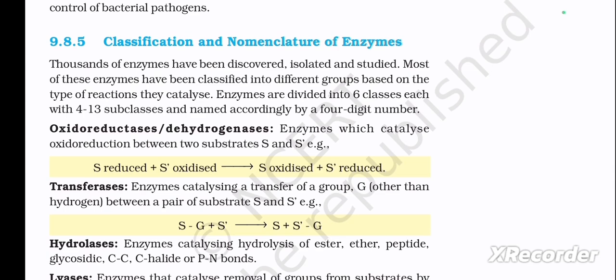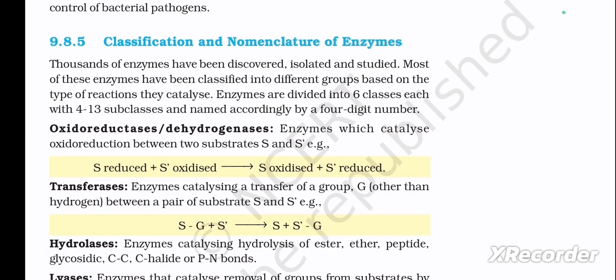Oxidoreductases or dehydrogenases: enzymes which catalyze oxidoreduction between two substrates S and S1. Example: S reduced plus S1 oxidized gives rise to S oxidized plus S1 reduced.